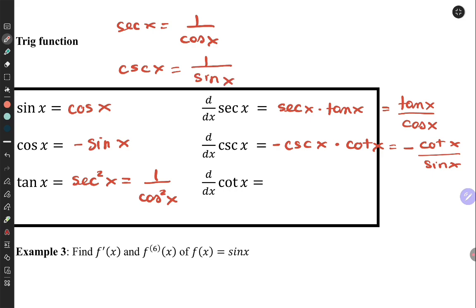And lastly, the derivative of cotangent is negative cosecant squared. That's negative 1 over sine squared of x.